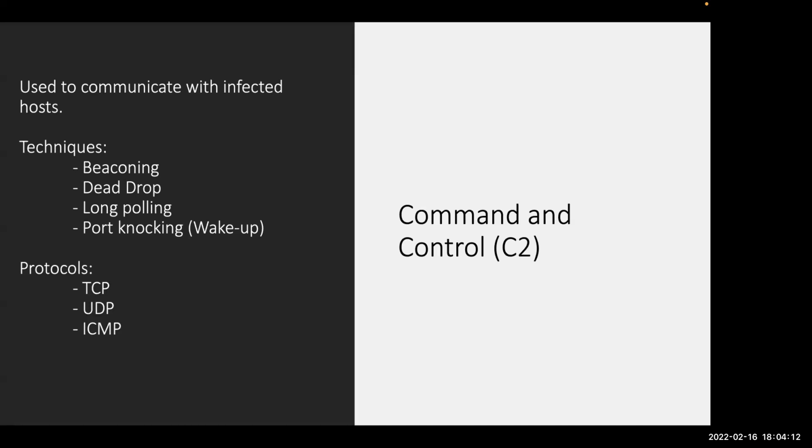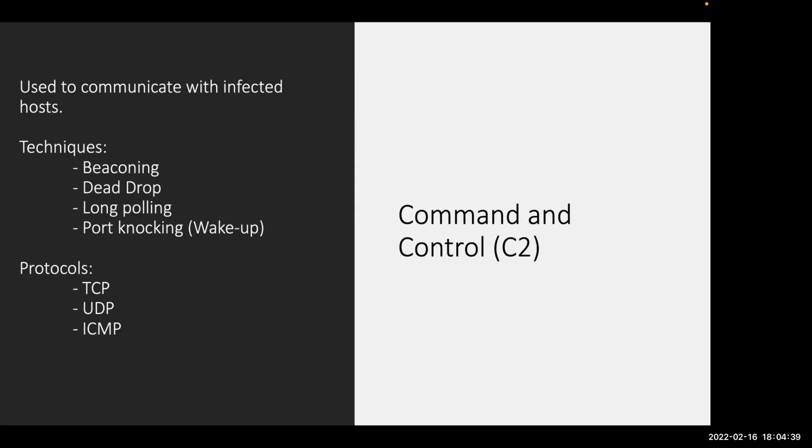For the command and control techniques, the first thing we're discussing is how you send the traffic back and forth between the dropper or the implant and the C2. One is beaconing. Beaconing is just to tell your C2 that this certain device is infected and I'm alive, like the beacon telling the C2 that I'm here if you want to send any commands.